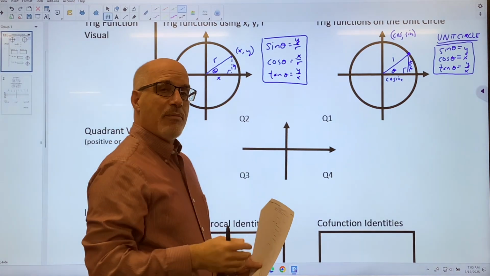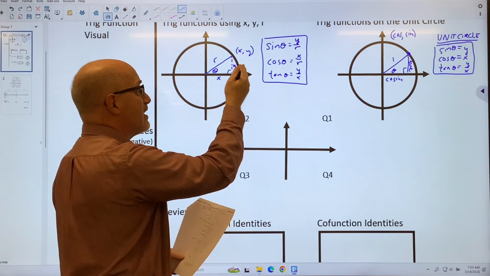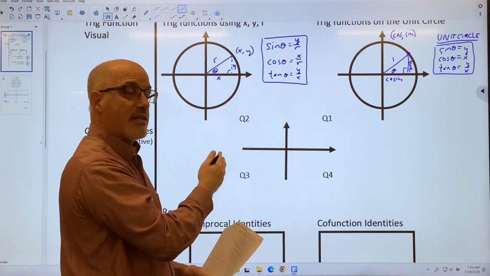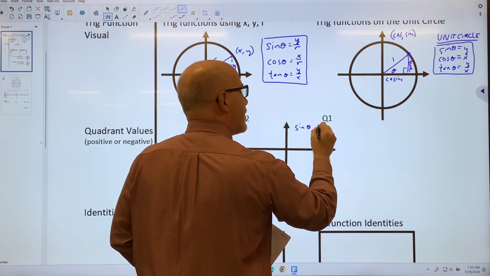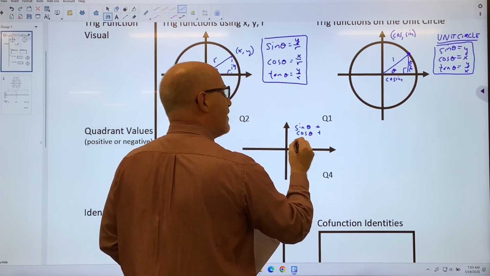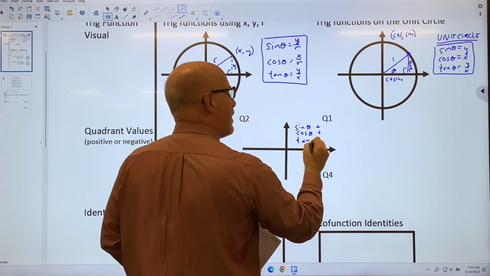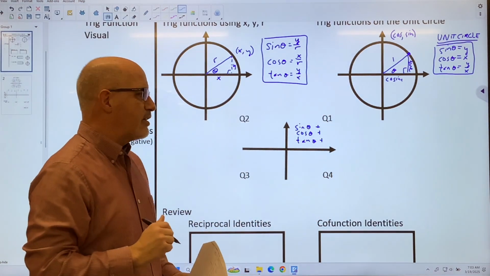Because of that, we developed the fact that the different trig functions, because of these x, y's, and r always being positive, sine theta here is going to be positive, cosine theta will be positive, and tangent theta will be positive. And their reciprocals, so all trig functions are positive in this quadrant.